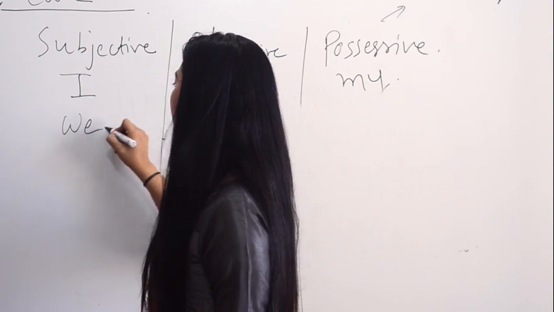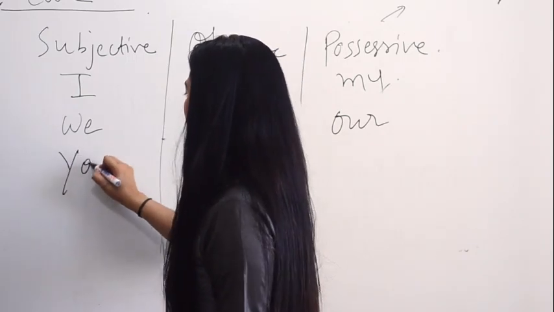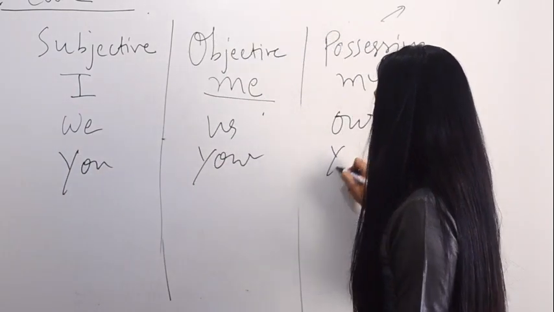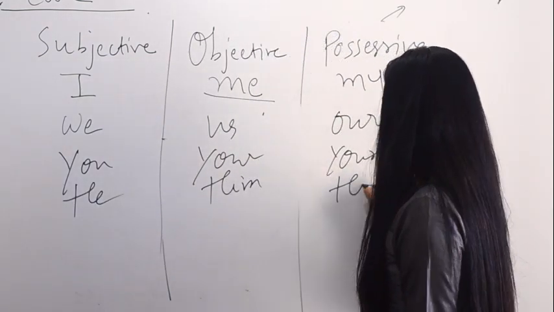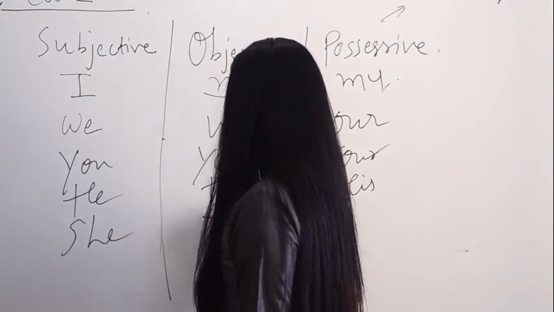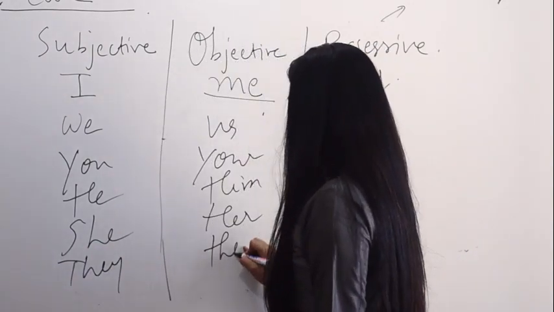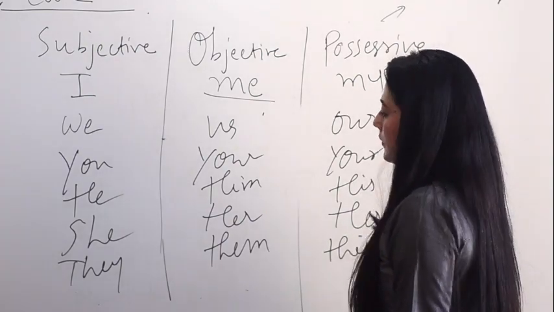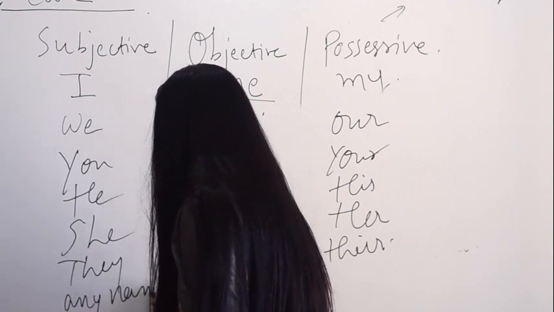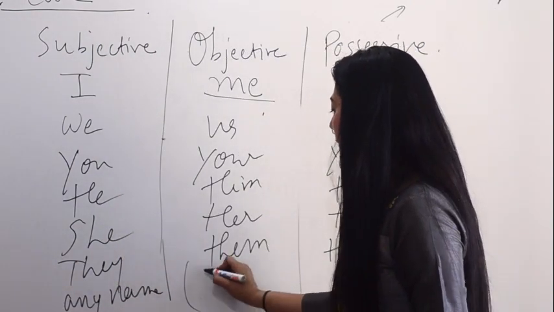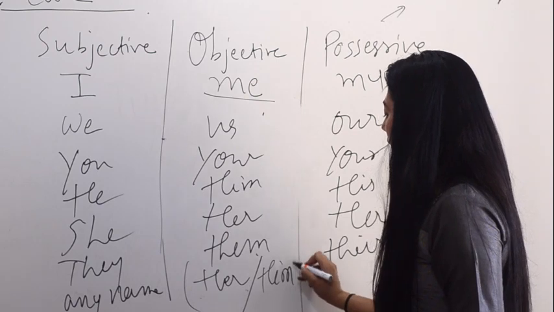Objective case: us, are, you, your, he, him, his, she, her, they, them, their. In case there is any name, then if it's female it will be her, and if it's male then it will be him.